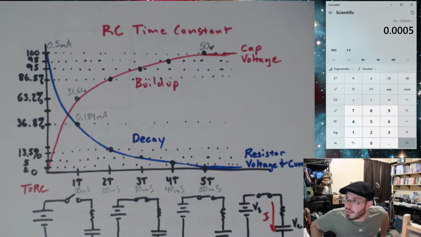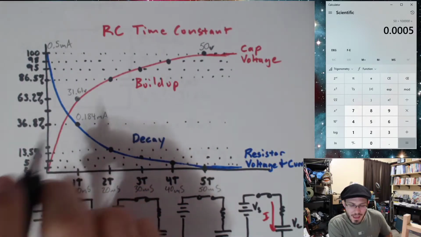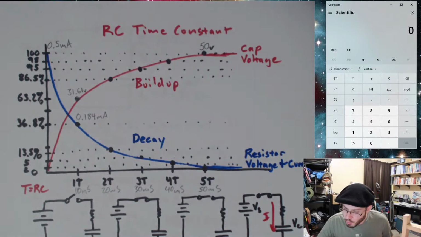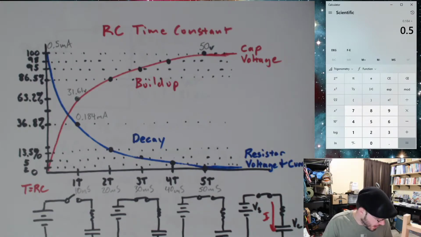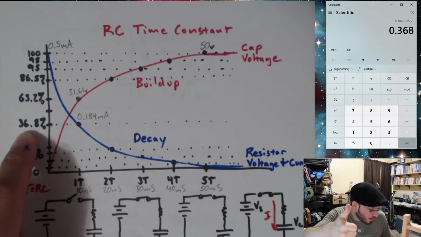If you wanted to, why not? 0.184 divided by 0.5 should again give us a percentage, and this better be equal to 36.8. I'm happy with that.